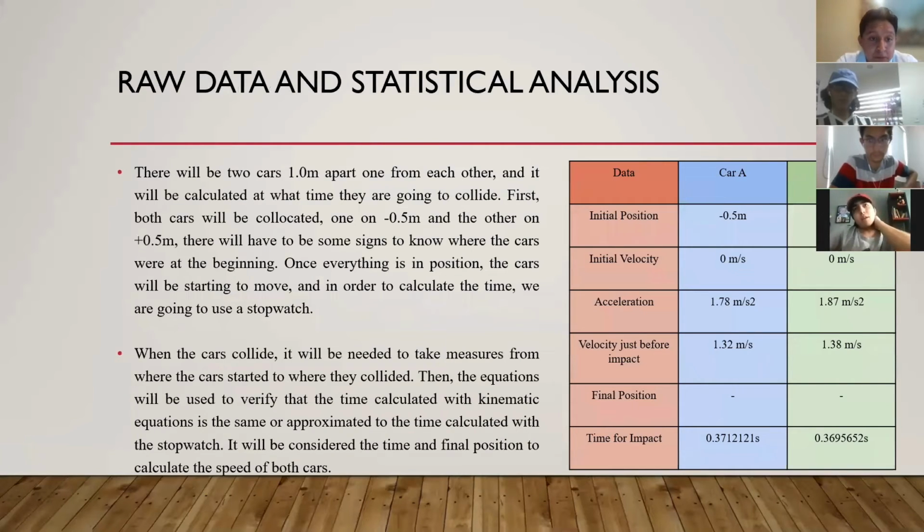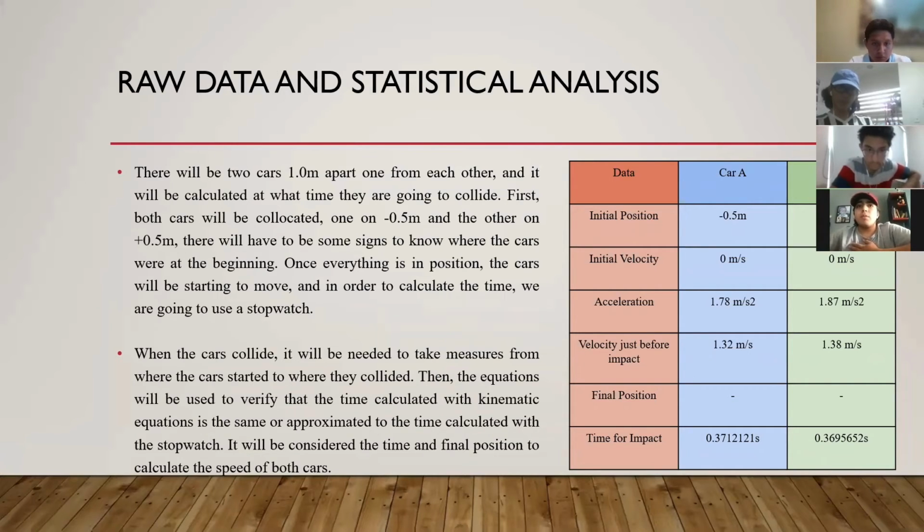Here we have the data that we use for the experiment. To start, there will be two cars, 1 meter apart from each other, and it will be calculated at what time they are going to collide. First, the cars will be placed, one at minus 0.5 meters and the other at 0.5 meters. There will have to be some signs to know where the cars were at the beginning and where they are going to end.